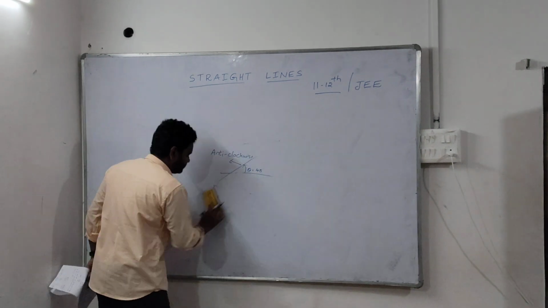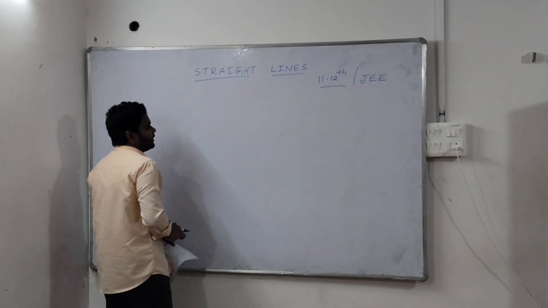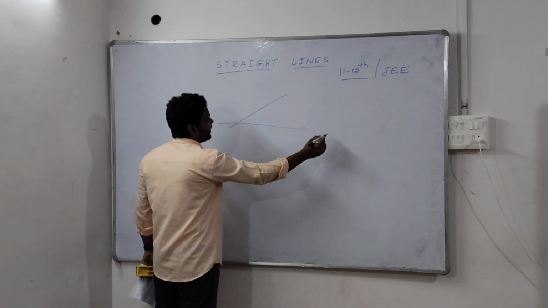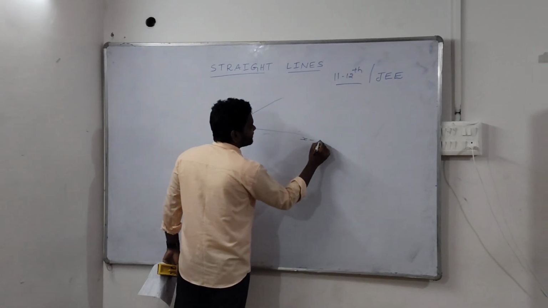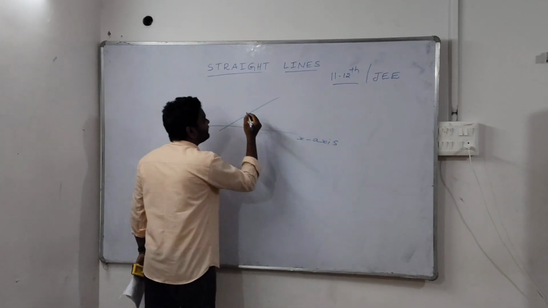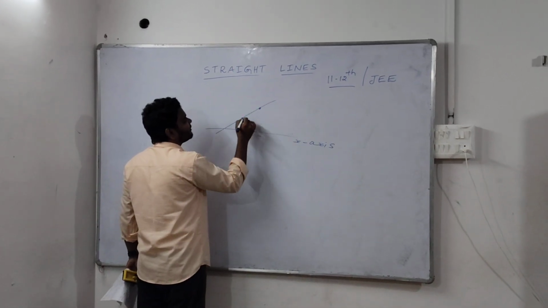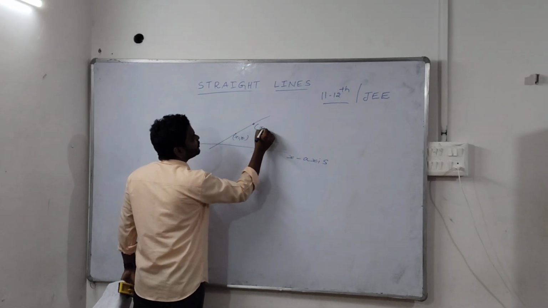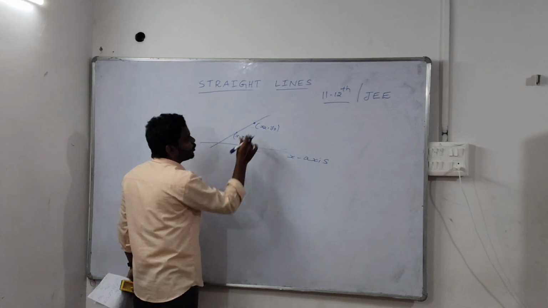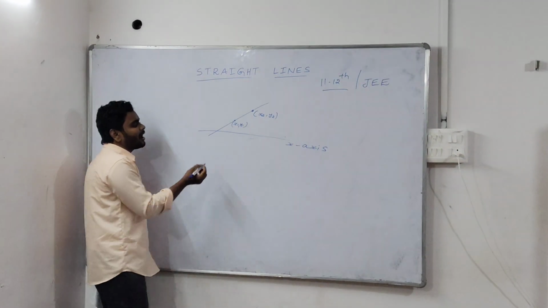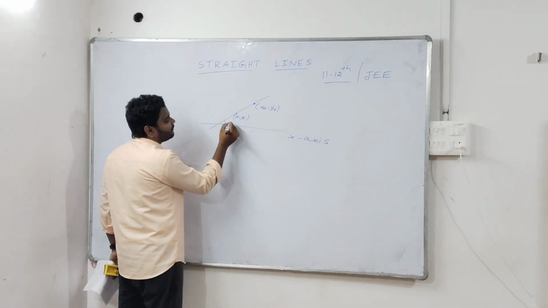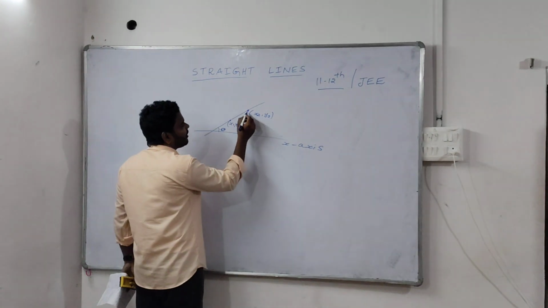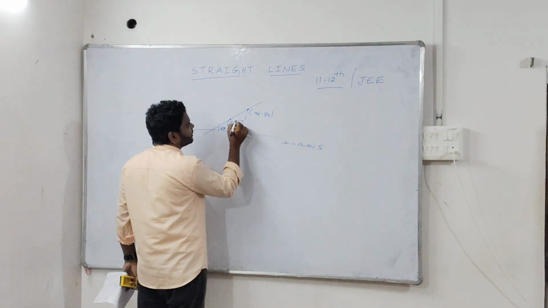And we will see another form. Suppose this is the straight line and this is the x-axis. If two points are given on the straight line, say x1, y1 and x2, y2, then how do we find the angle theta?